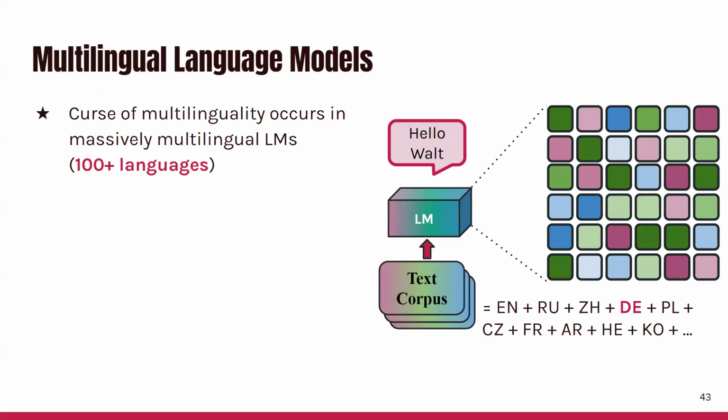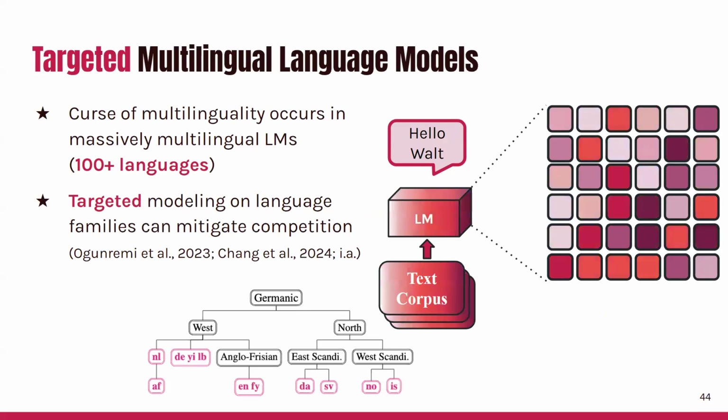Okay. So the curse of multilinguality generally develops in a massively multilingual setting where the model is trained on many different diverse languages. But a recent trend in multilingual modeling has been to train targeted language models that are focused on a single language family rather than 100 different languages.